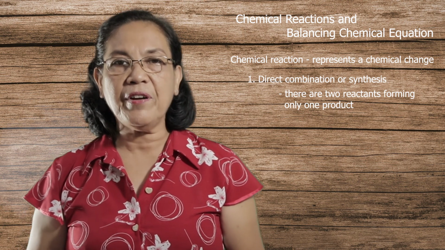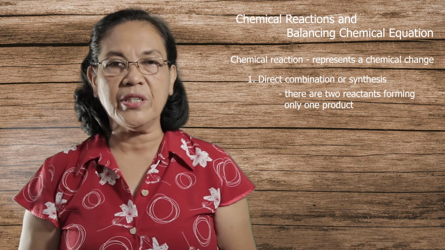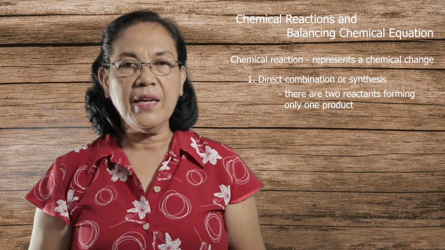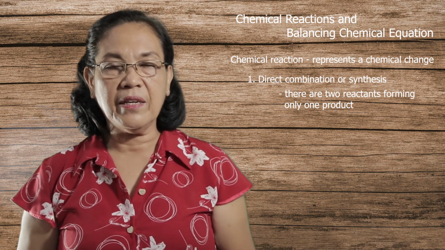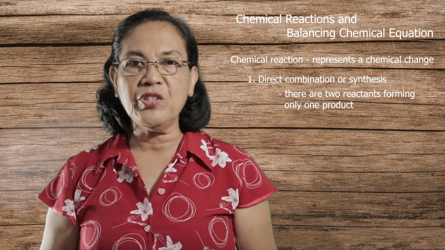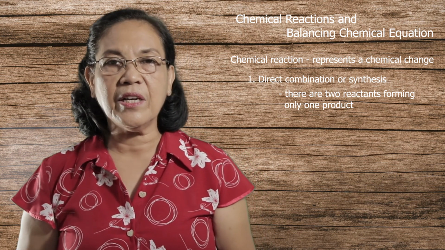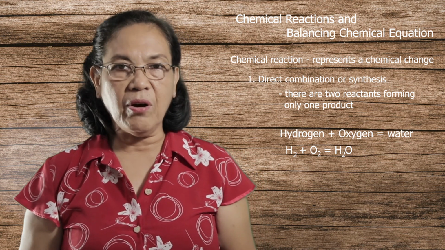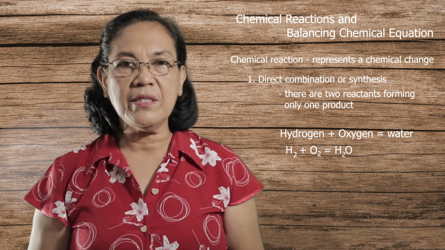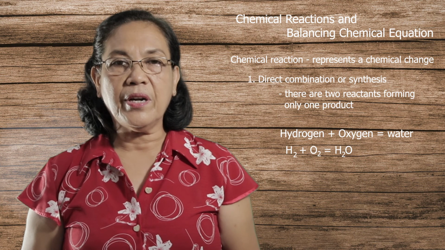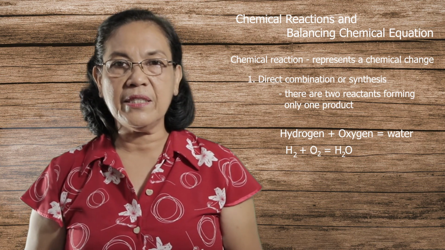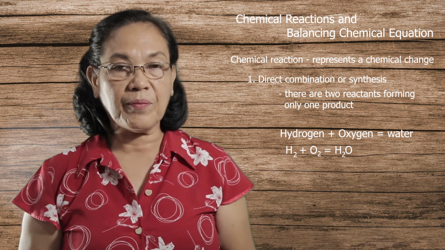And the pattern for this direct combination reaction is A plus B equals AB. So there is a direct combination of the reactants. For example, hydrogen plus oxygen equals water, or H2 plus O2 equals H2O.